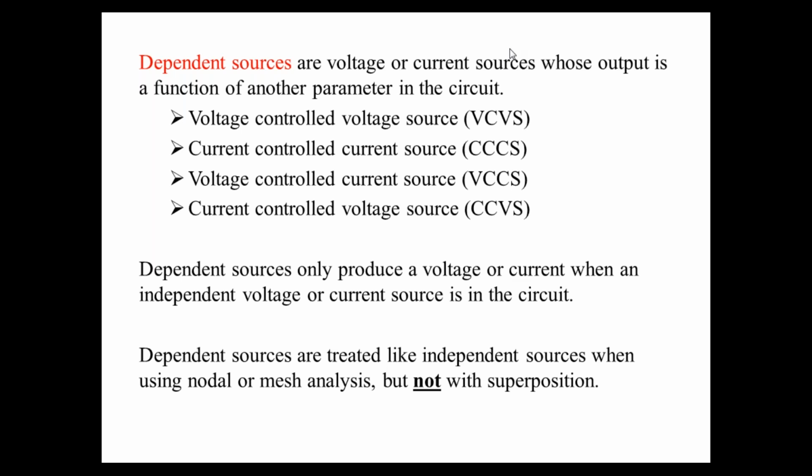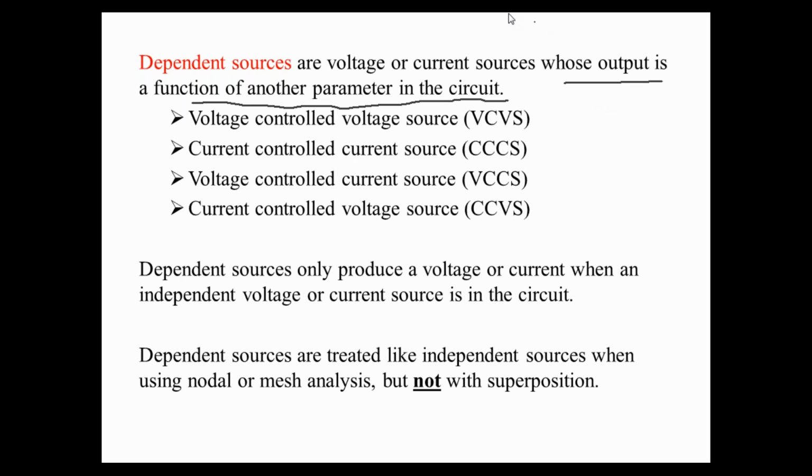A dependent voltage source or current source is one whose output is a function of another parameter in the circuit. Its magnitude and characteristics depend on some other circuit parameters.